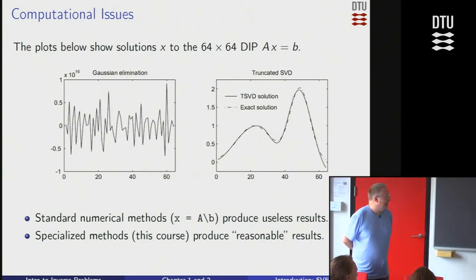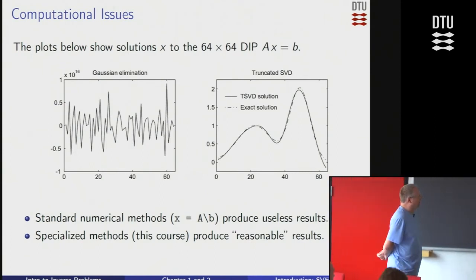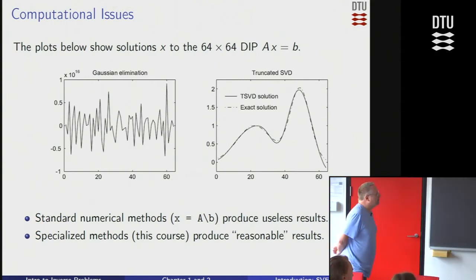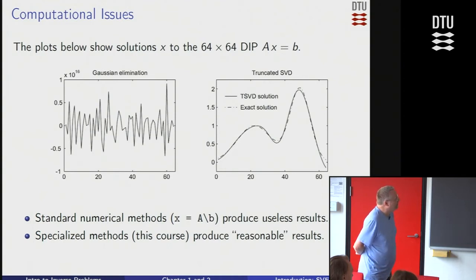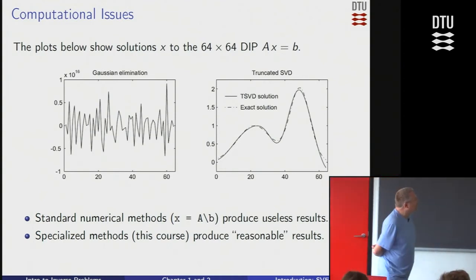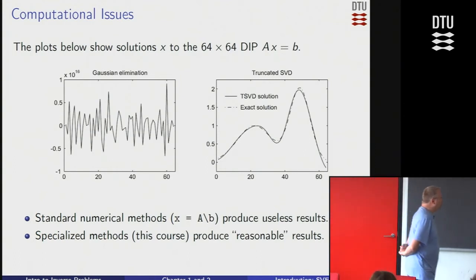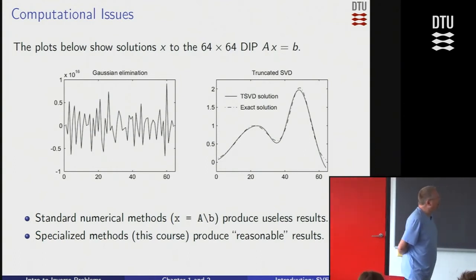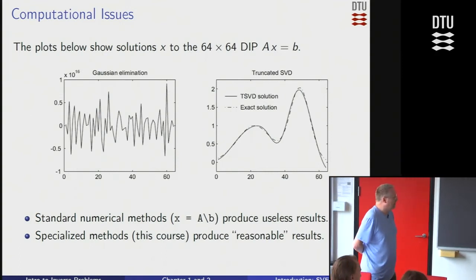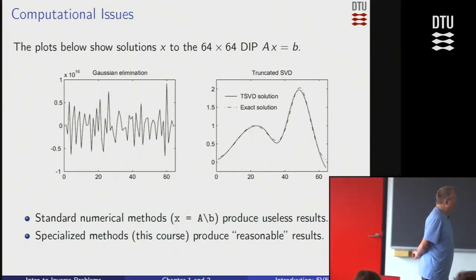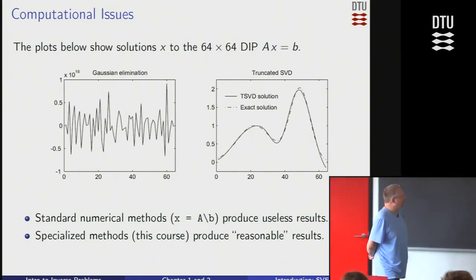You just write A backslash b, and that gives you the solution. So here I took a discretization of a particular test problem, generated a 64 by 64 coefficient matrix A, and the corresponding right-hand side, and I solved that by means of backslash, and then I get the results shown on the left.